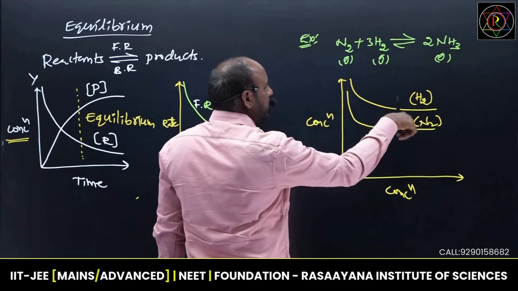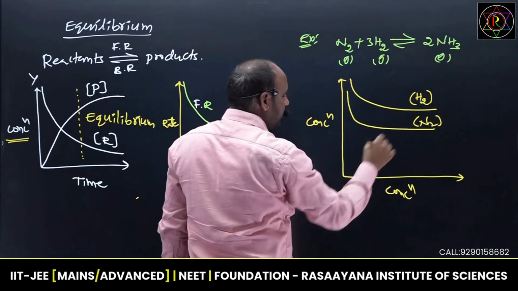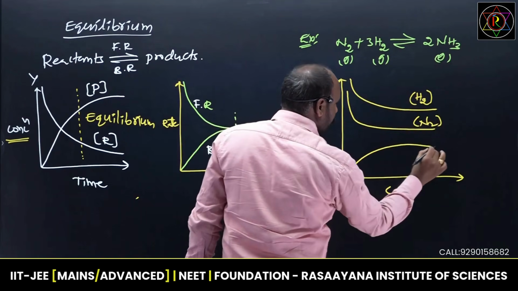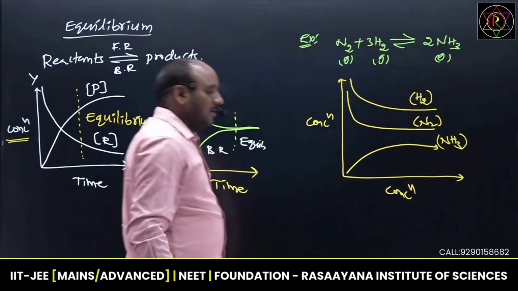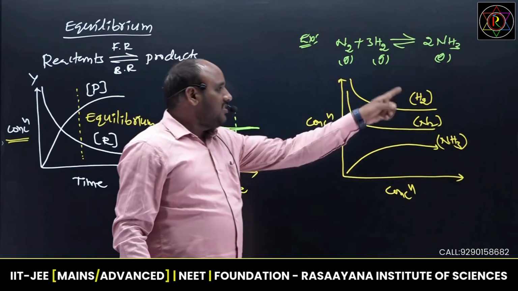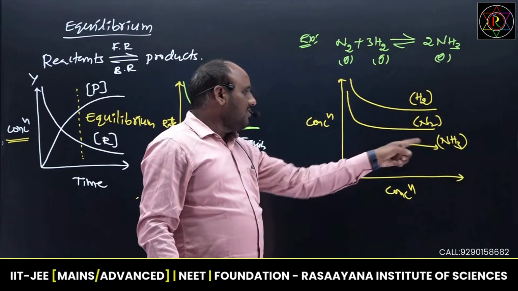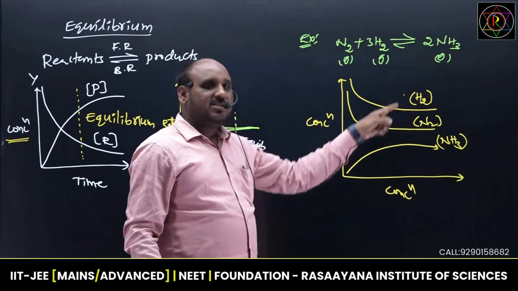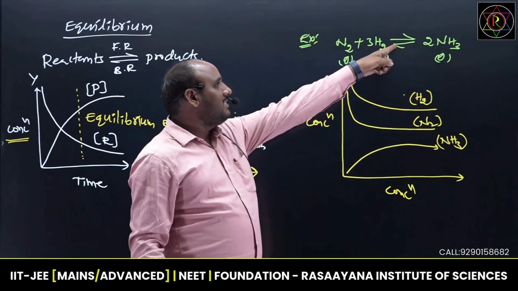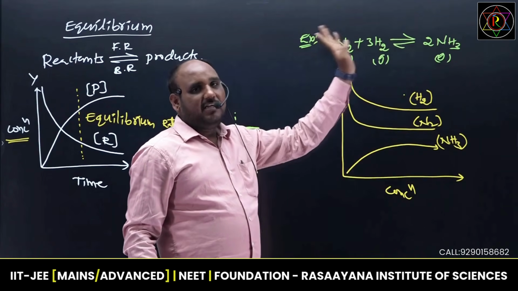These reactant concentrations decrease and the product concentration increases. This belongs to NH3. At one condition both concentrations are equal, and that condition is known as the attainment of equilibrium.